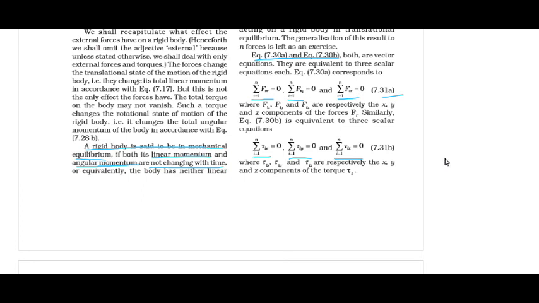This is equation 7.31b, where tau ix, tau iy, and tau iz are respectively the x, y and z components of torque tau i.